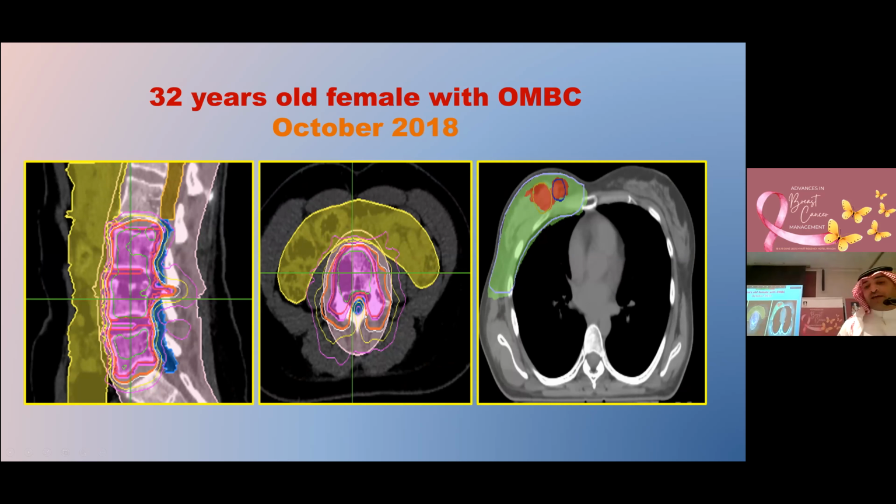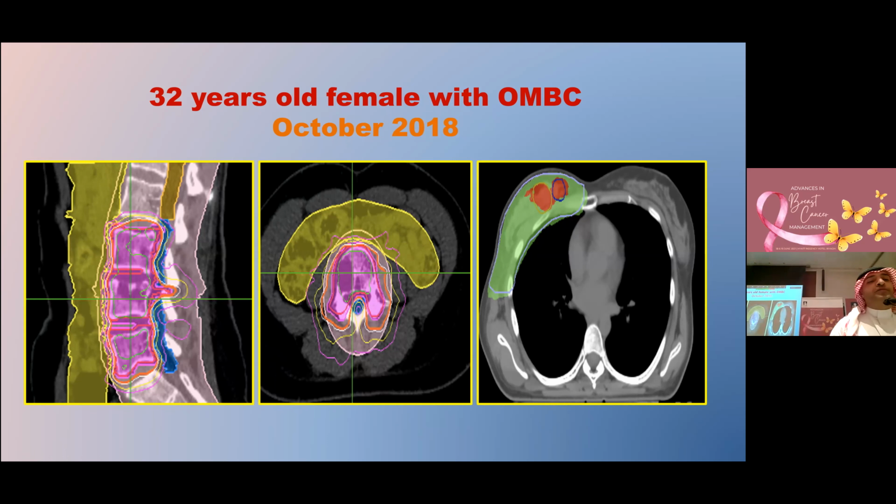You can see how precise the delivery of the radiation is, and we were able to preserve the cauda equina and part of the spinal cord up here at the level of L2. We treated the breast too, and as you know, since it's considered metastatic disease, the role of surgery is a bit limited. So we went with standard radiation, and then ablative-dose stereotactic body radiotherapy to the persistent lesions.